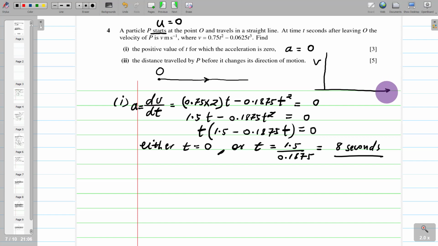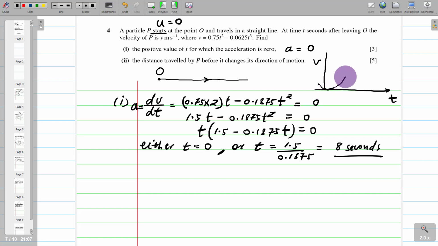versus time. So here the velocity is going to be 0, so it's starting from rest. If we do dv/dt, we're going to get 0. That means that it must be a turning point, so that when we do dv/dt here, we get 0.